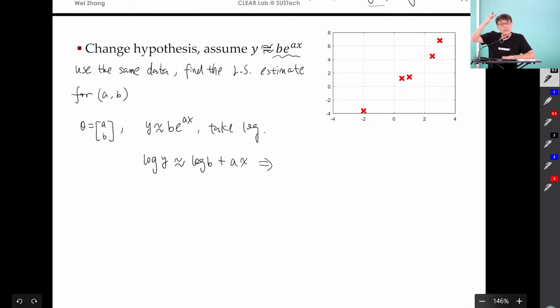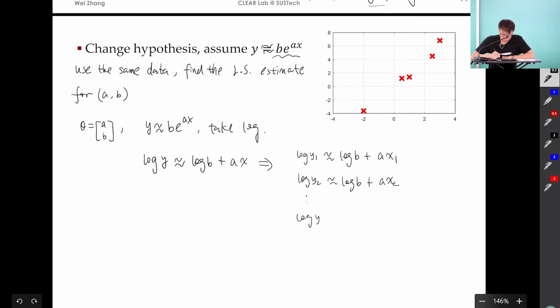So let's write down the measurement equation so that you can see it better. We have a few data, right? So we have log y1 approximately equal to log b plus ax1. The data involves x and y at different sampling times, right? So log y2 approximately log b plus ax2.